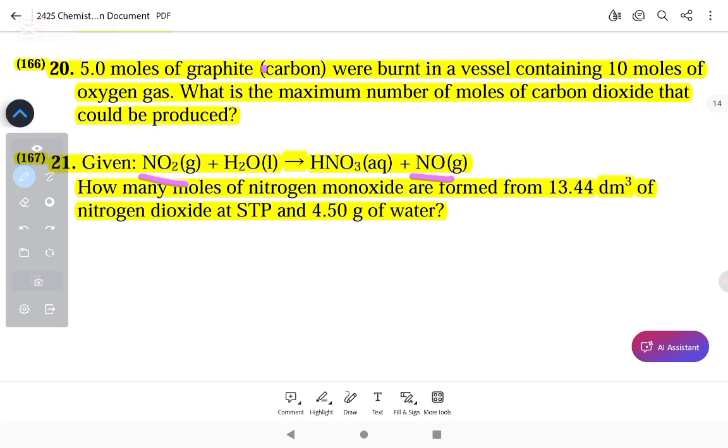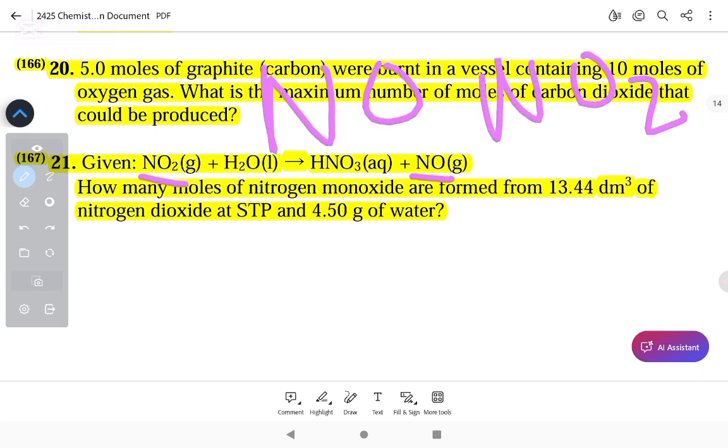NO to NO2. We know NO2 is 3, sorry, yeah, 3, and NO is 1. That was the coefficient when we balanced it, remember? And we found out that NO2's moles was 0.6.